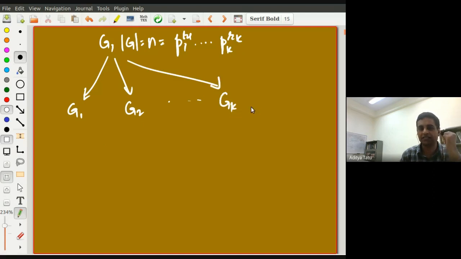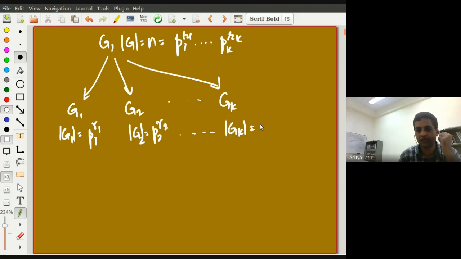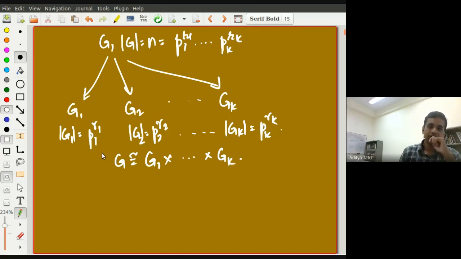Each of these Gi has order pi^ri: the order of G1 is p1^r1, of G2 is p2^r2, and the order of Gk is pk^rk. So G is isomorphic to the Cartesian product G1 to Gk, and each of these Gi has an order of some prime power.